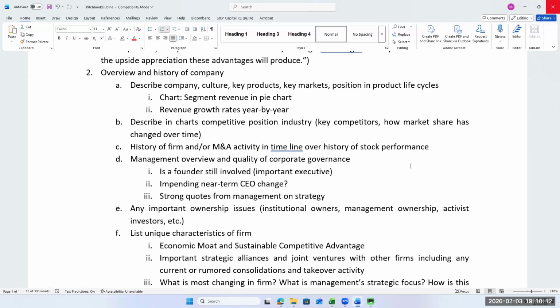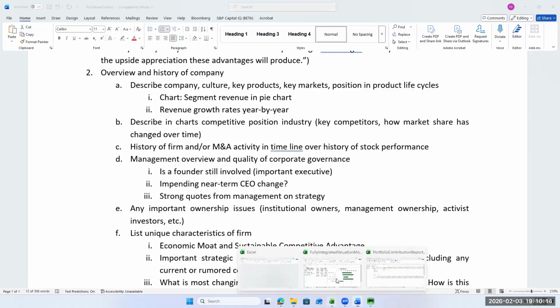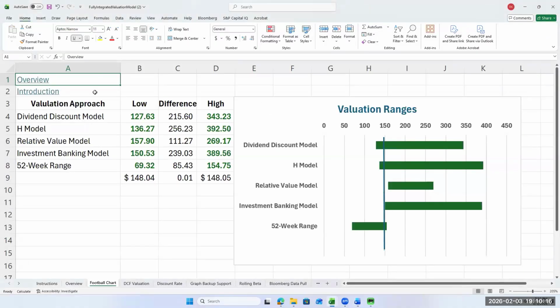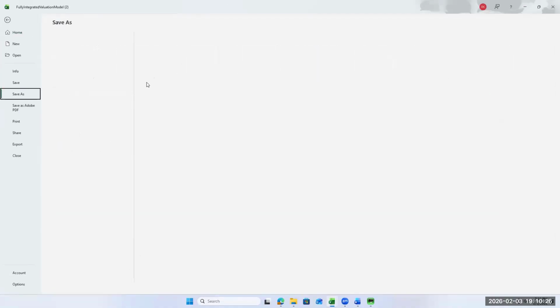This is out there on Canvas. I'm going to add, this model is out there on Canvas. I do need to fix a few things still. I keep finding, every time I bring it up, I find something else I've got to fix. I'm going to save this one as DG.